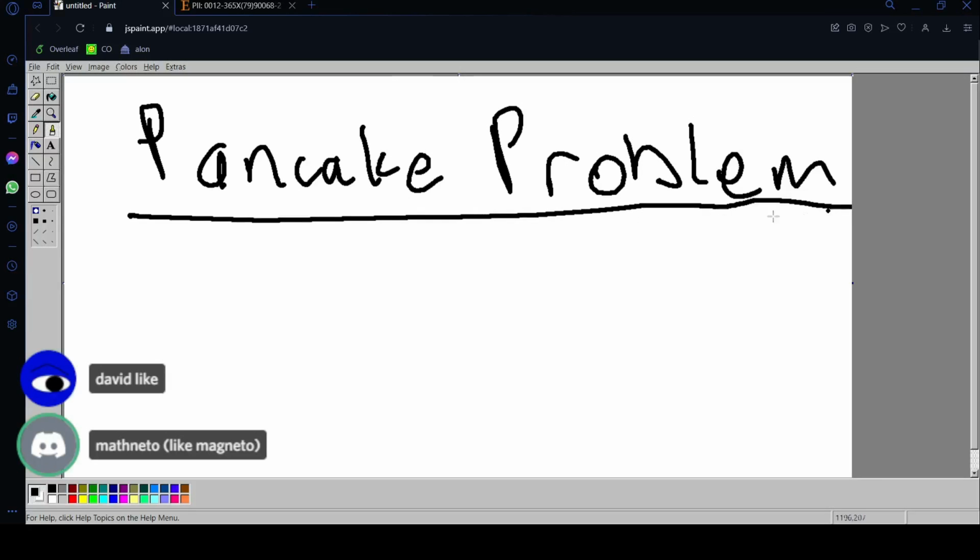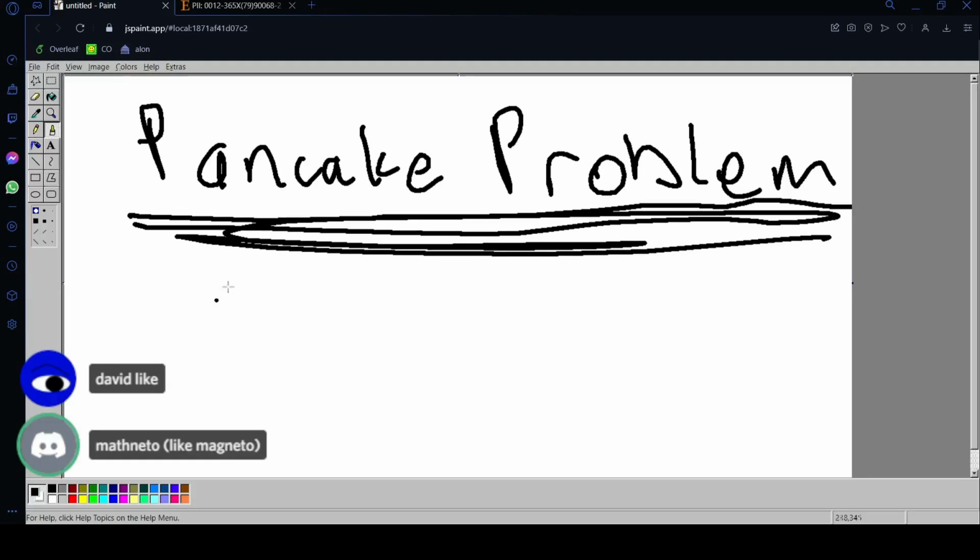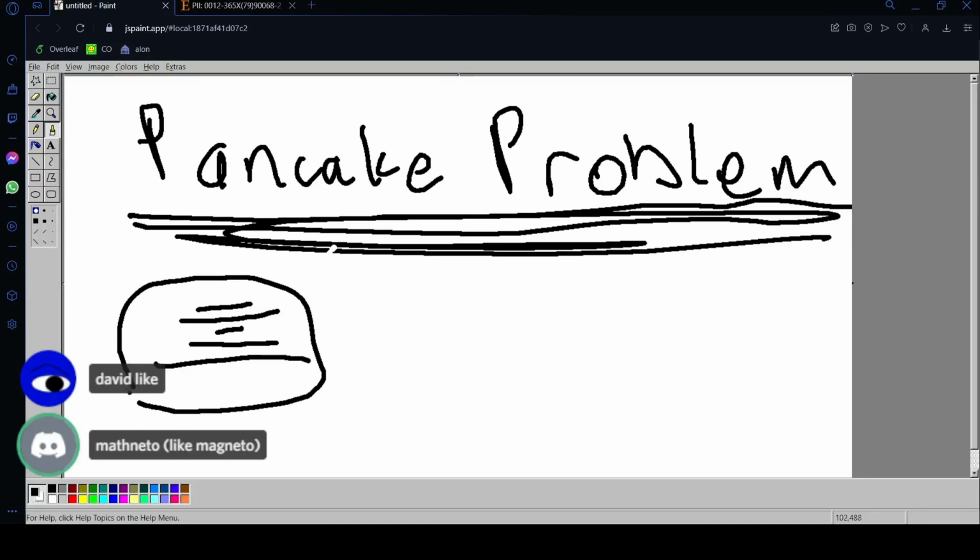Okay, so the pancake problem basically asks the following. Imagine you've got a stack of pancakes, but the chef who made them was really drunk, so they're all in the wrong order. If you saw a stack of pancakes looking like this, you'd say something's off.